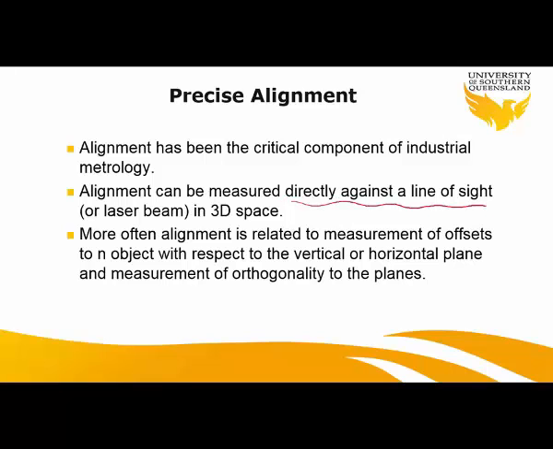You may check the horizontal or vertical alignment. I've shown you before, but you have a surface and a reference line, which is the laser beam, or it can be any sort of line of sight, and then you measure the offset from your surface to this line. If these offsets are equal, basically your surface is flat and pretty much aligned with that line.